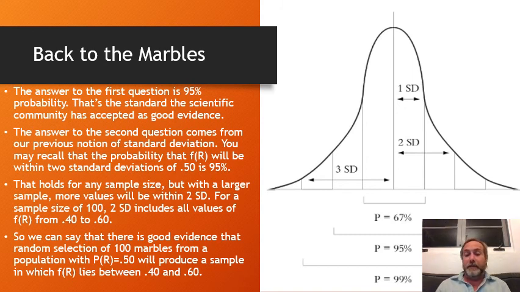Certainly, it's always possible that our sample could be all non-red. There are 100 non-red marbles in that jar, but the probability of that happening is incredibly low, right? So you can have outcomes in that extra 5% that's outside our range, but you're never guaranteed a certain proportion.